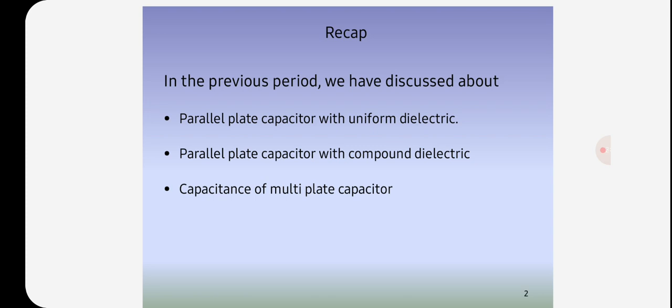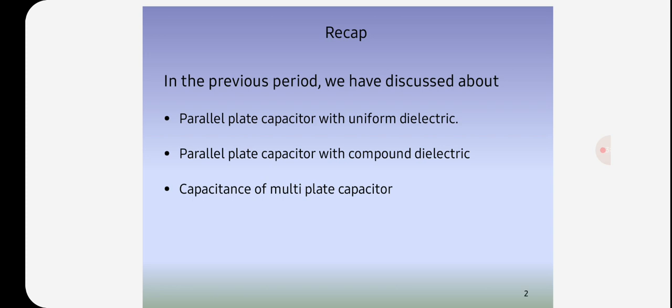If a potential difference of V volts is applied across the plates, then a charge of +Q and -Q coulombs is induced on plates A and B respectively. Let E and D be the electric intensity and flux density between the plates. The flux density D is equal to Q/A coulombs per meter square, and E is equal to V/d volts per meter.